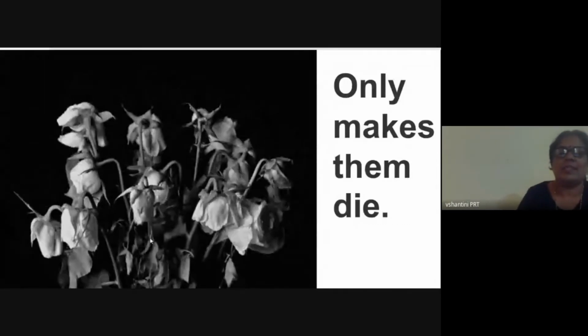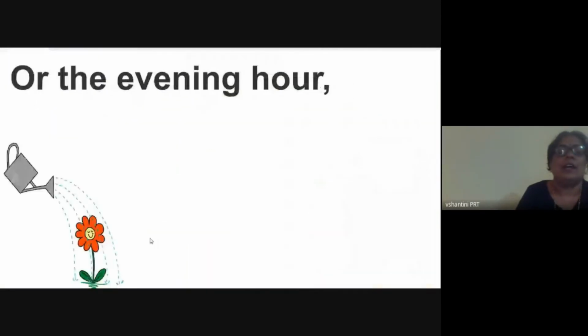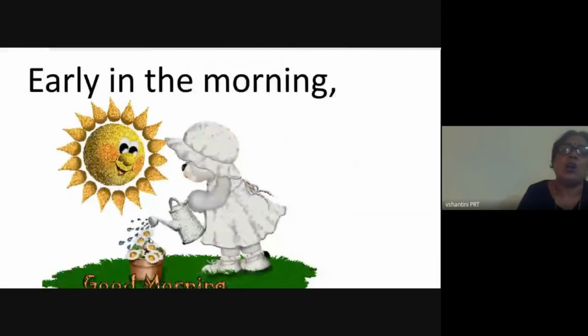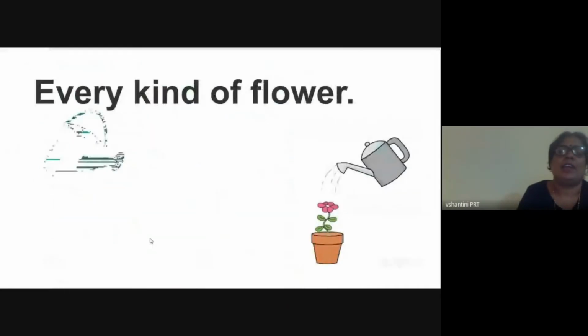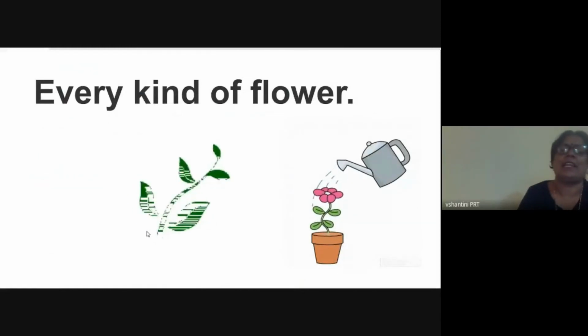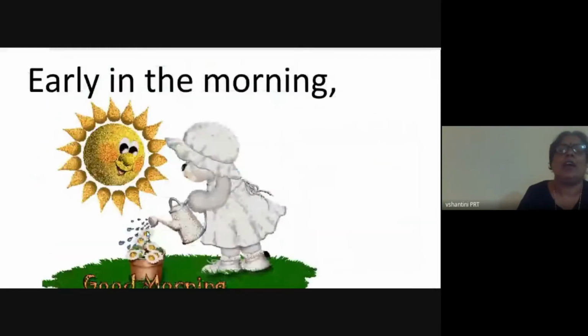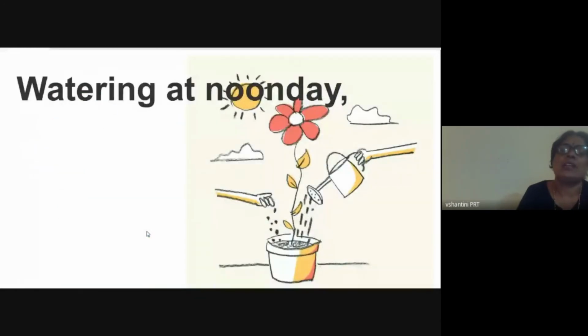Okay. So once again, let us see from the first paragraph. Early in the morning or the evening hour are the times to water every kind of flower. So whatever it is, every kind of flower has to be watered in the morning or in the evening. Okay. Next is watering at noonday. That is what will happen if it is watered at noonday.